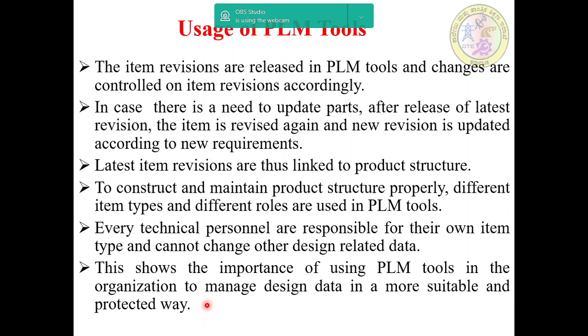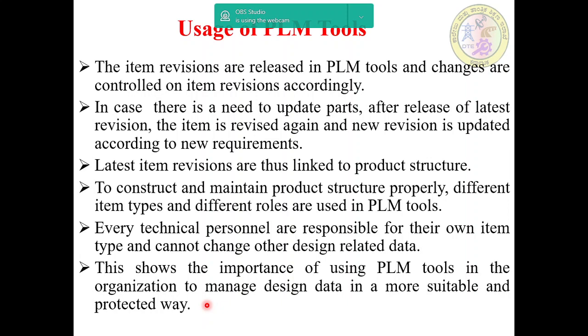In case there is a need to update parts after release of the latest revision, the item is revised again and a new revision is updated according to new requirements. Latest item revisions are thus linked to the product structure.